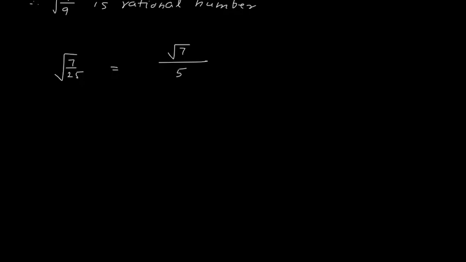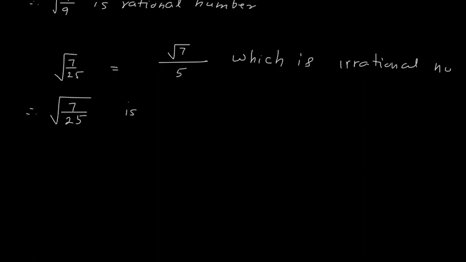So this is an irrational number. Therefore, you can say that square root of 7 upon 25 is an irrational number.